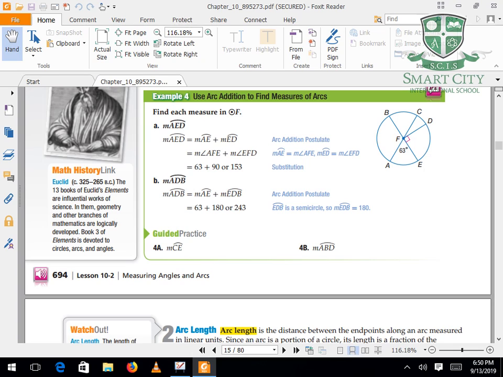ADB. This means the whole reflex angle, which is 63 plus 90 plus this one plus that one. So how can we find the measure of ADB? Let's see.